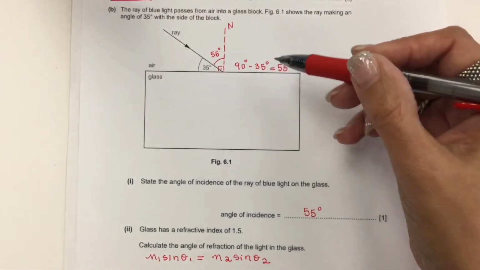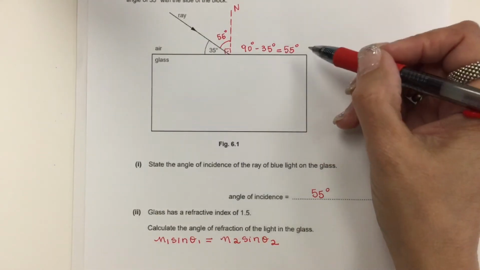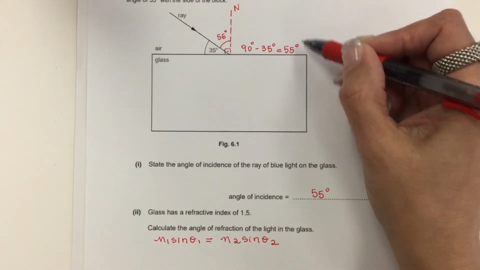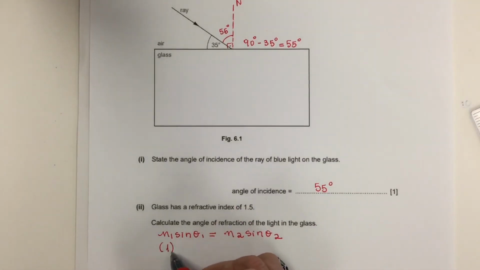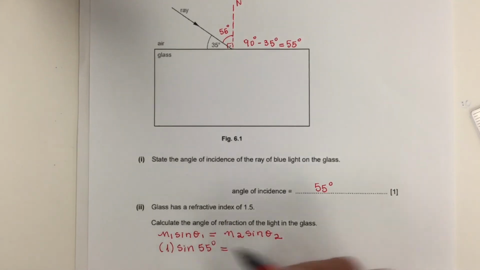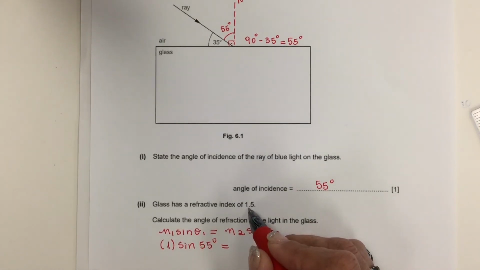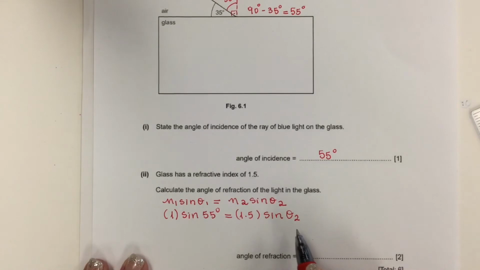So now let's identify which is medium 1 and which is medium 2. The medium above this line is the air and below is glass. So N1 here is the air, so that's 1 times sine of 55 degrees. And N2 is the glass, and the index of refraction is 1.5, times sine of what we want to calculate, the angle of refraction.